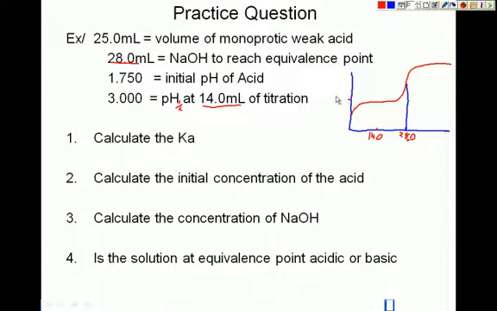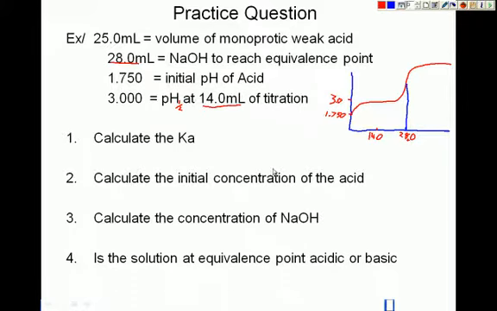This is going to be a pH of 3. Our initial pH is way down here, which is going to be 1.750. So pretty much everything you need to get started.